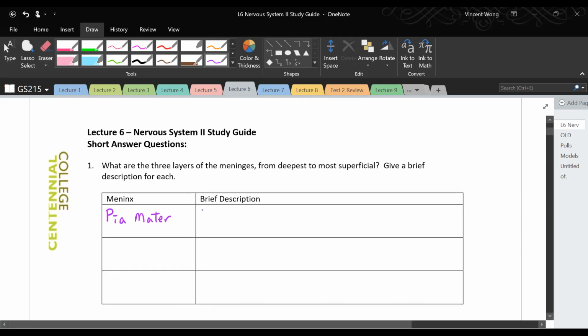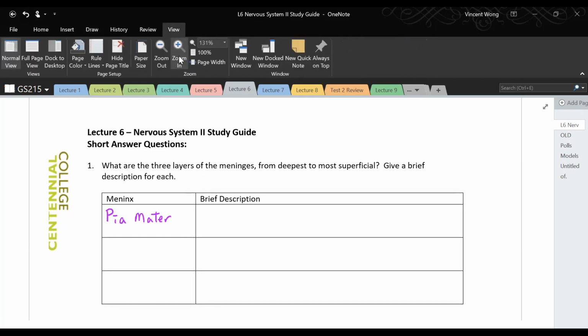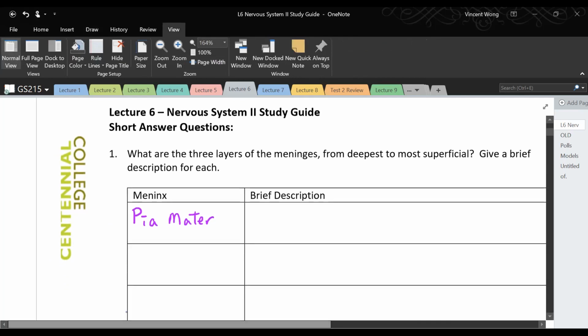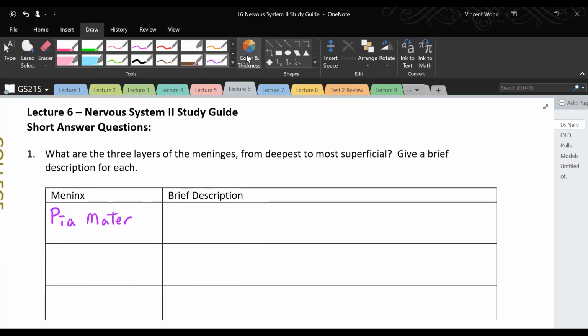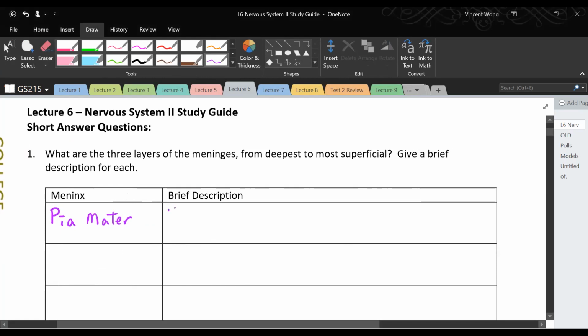Okay, so if I have to give a brief description, the pia mater is a very thin layer that actually is stuck to the central nervous system. Okay, so that adheres to the brain and the spinal cord.